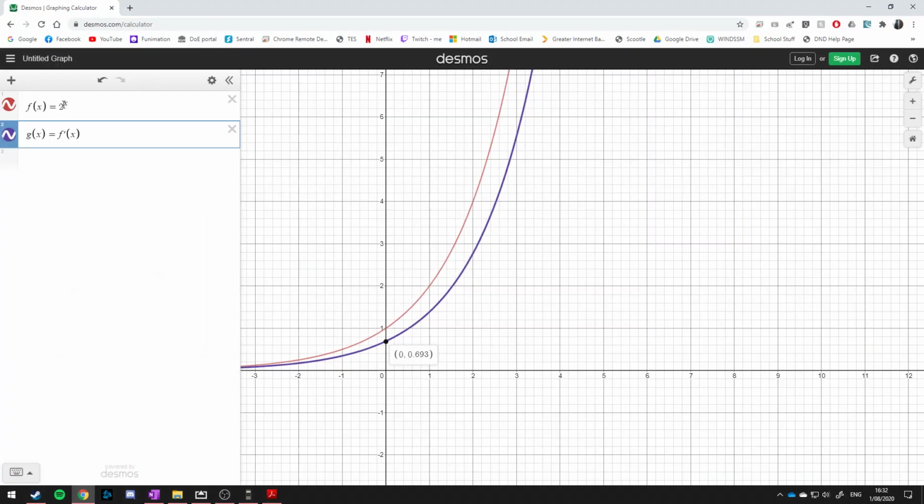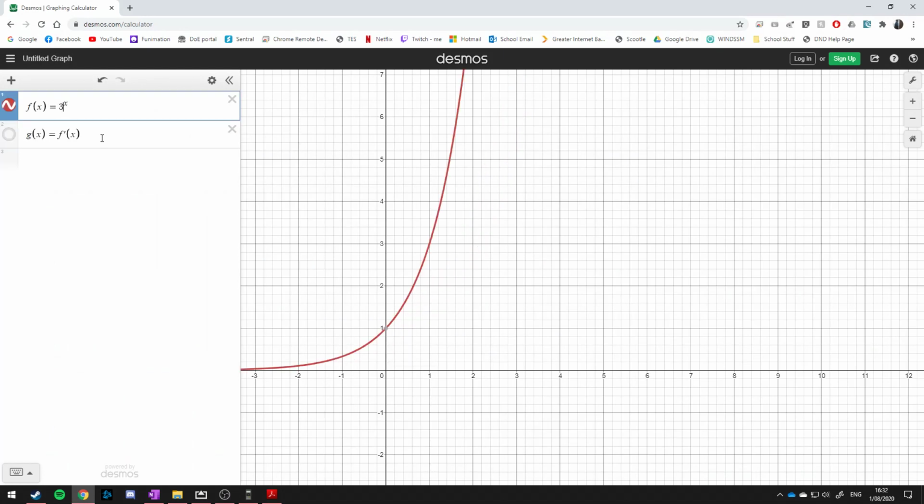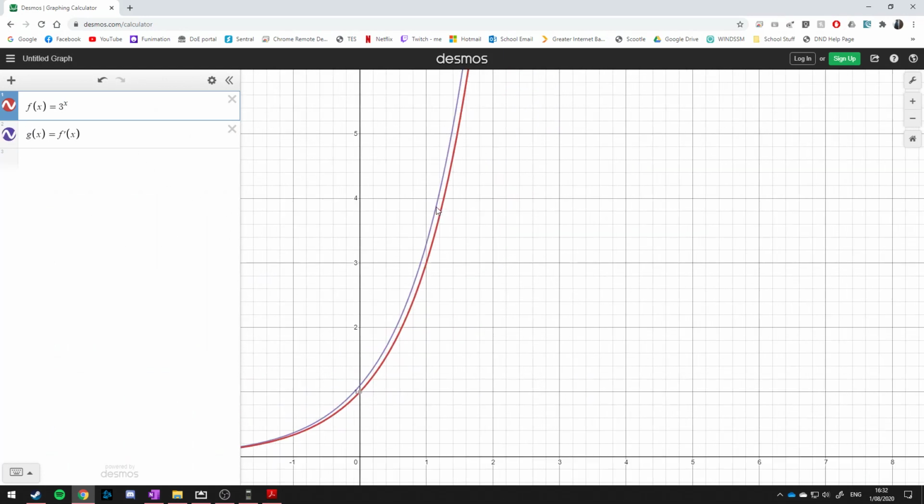If we were to have a look at another function, let's say 3 to the power of x, again it's another exponential function that looks like this. If we were to graph the derivative function against this function, you'll notice that this time the derivative function is a bit bigger than the original function, and that one's at 1.099.